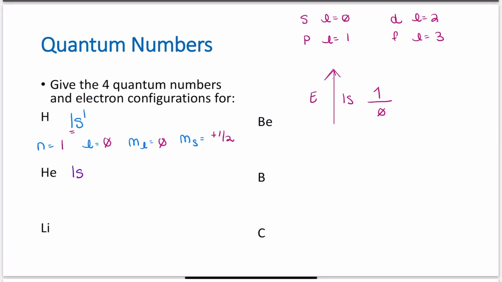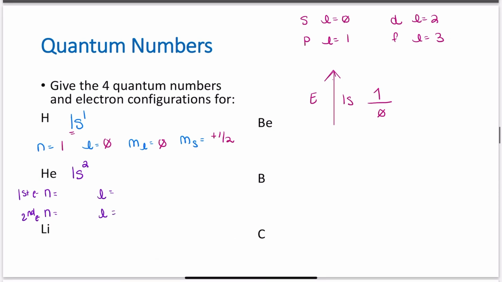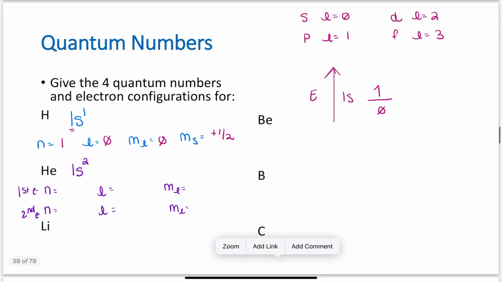So I'm still in the first energy level, still in the s block, but now I've got 2 electrons to account for. So I'm going to do the quantum numbers for both electrons here, the first electron versus the second electron. N, L, M sub L, and M sub S.